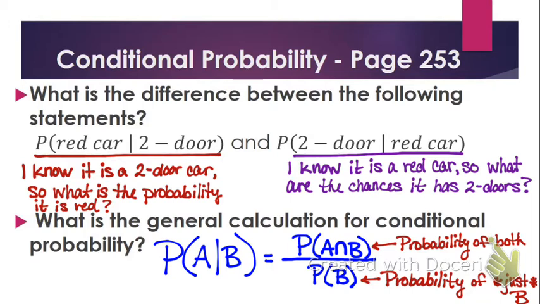Sometimes conditional probability gets called marginal probability, because when I'm looking at a table, my denominator isn't coming from the grand total. My denominator is coming from the margin.